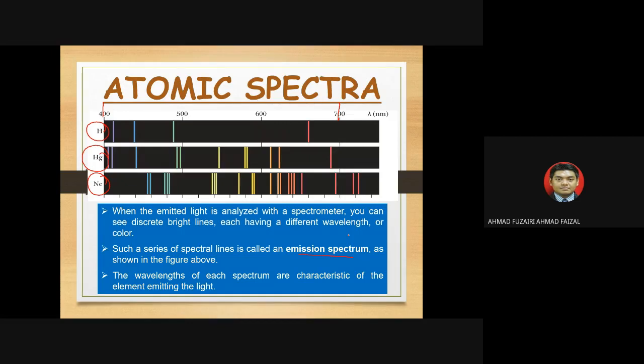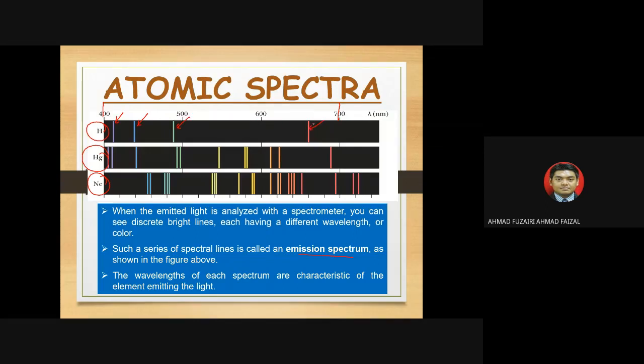The wavelength of each line in the spectrum is characteristic of the element emitting the light. Every element will have a different emission spectrum. In this case, we have three elements. Hydrogen will have a violet color at this point, and a blue color, whereas there is also a green color and a red color.